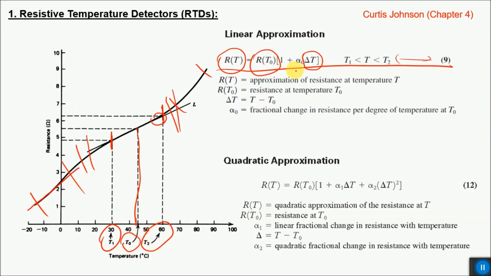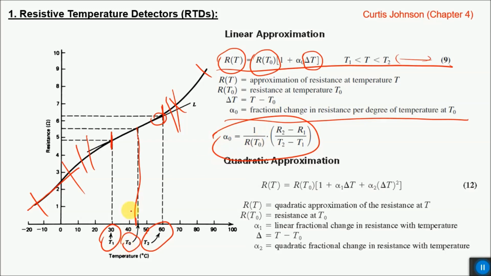Alpha is the fractional change in resistance per degree of temperature at T naught, and that can be found by using this expression: 1 over RT naught, the resistance at temperature T naught, times R2 minus R1, where R2 is the resistance at temperature T2, R1 is the resistance at temperature T1, over T2 minus T1.